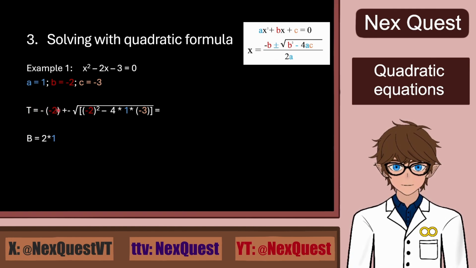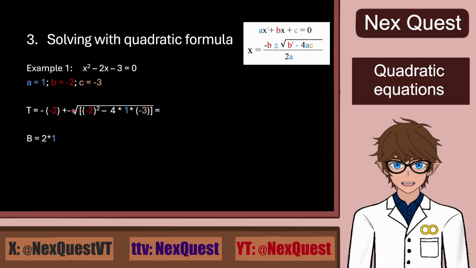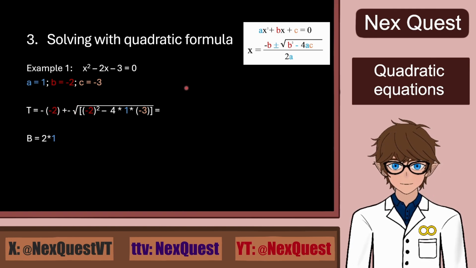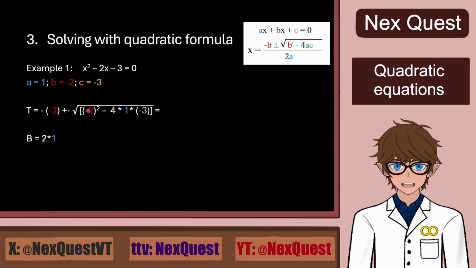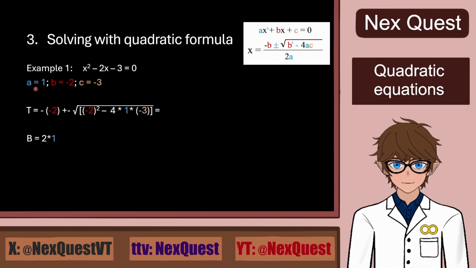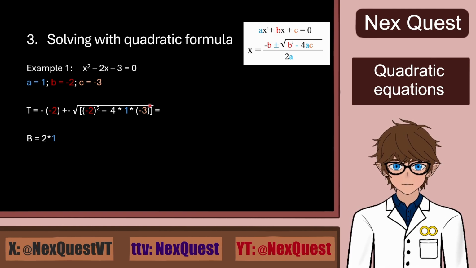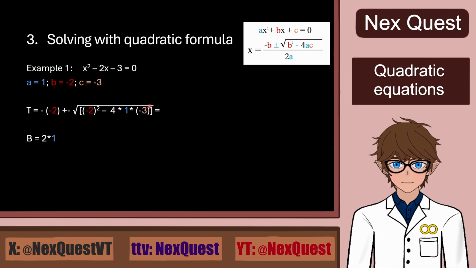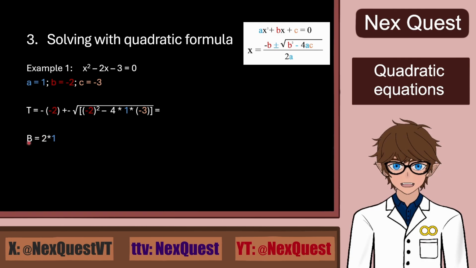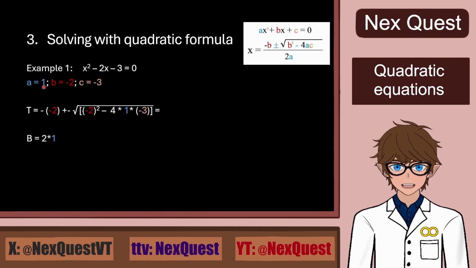So minus b plus minus square root of, I put multiple brackets so hopefully you don't get confused, b squared minus 4 times a times c, end of brackets, end of the root, and solve that. And for the bottom, I solve 2 times a, which is 2 times 1.